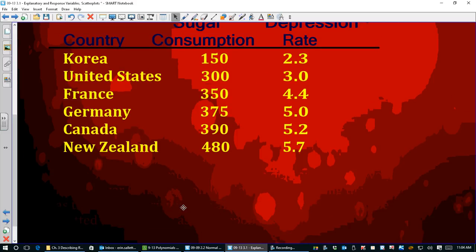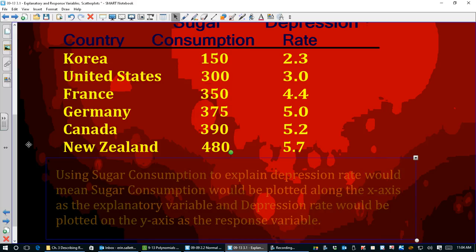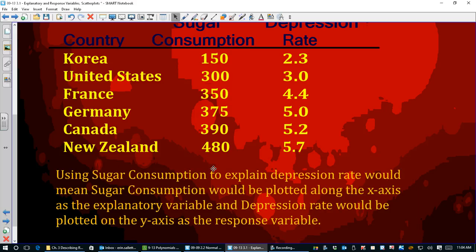But what we should be seeing from this is your sugar consumption is being used to explain the depression rate. That means that the sugar consumption is going to be plotted along the x-axis, as the explanatory variable, and your response variable, which would be your depression rate, is going to be plotted along the y-axis. Okay?